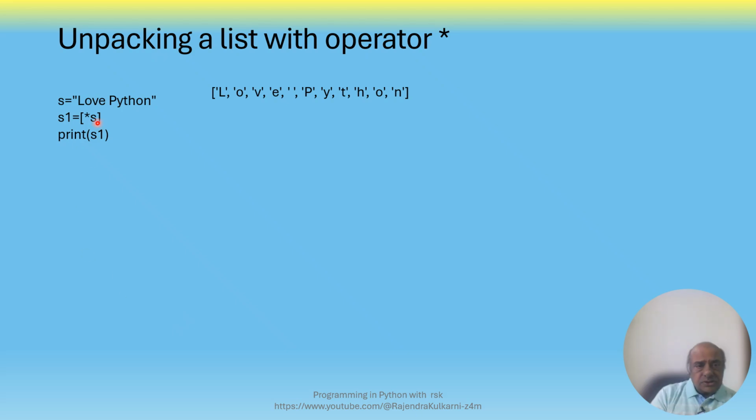So what star does is it unpacks each and every character of S. We can see here there is a space between love and Python. So that space also appears as an element of S1.